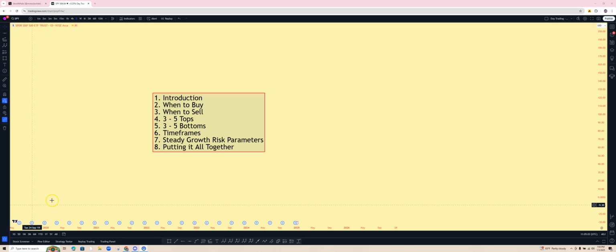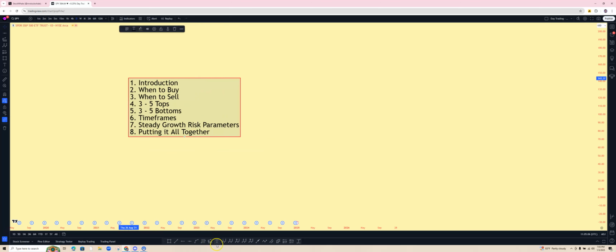The main thing I like to touch upon is called the risk to reward ratio. What does this mean? This is basically what we call R and R, or RR.